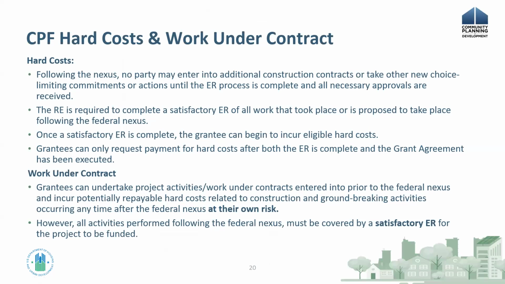So moving on to hard costs and how to handle work that was already under contract. So you recall following the federal nexus, no party may enter into additional construction contracts or take other new choice-limiting actions like commitments or actions including spending funds or performing physical work until the environmental review process is complete and all necessary approvals are received.